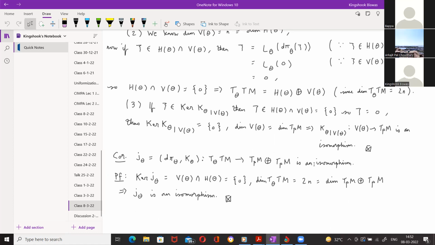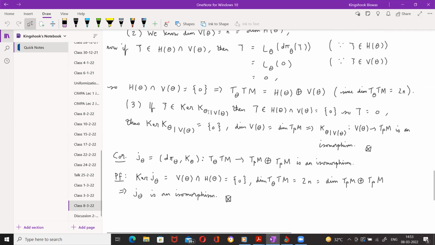Okay, all right. So now we look at the connection map k theta restricted to v theta. If xi belongs to the kernel of k theta restricted to v theta, then that means xi belongs to kernel k theta intersect v theta, which is h theta intersect v theta, which we've just shown is 0. So therefore xi is 0. So the kernel of k theta restricted to v theta is trivial.